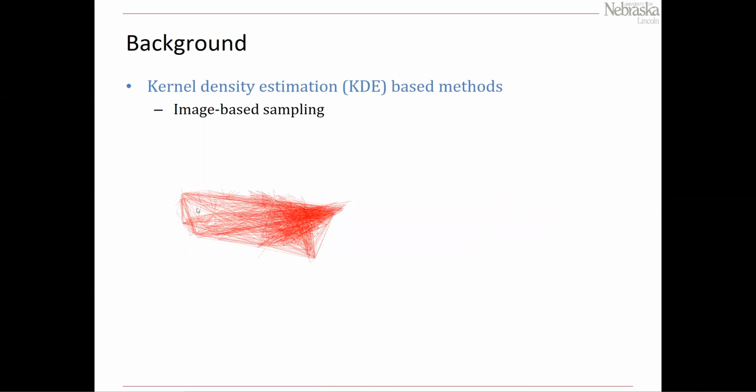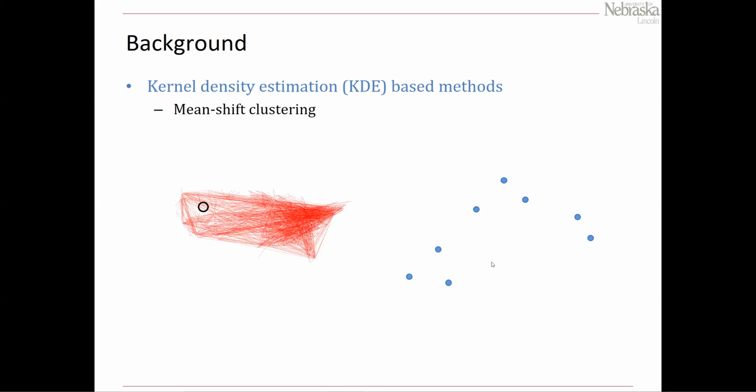Basically, we get a set of sampling points of the previous node-link diagram, and let's zoom into this small area. Assume this is a set of sampling points within this tiny area, about 8 sampling points. The basic idea of this kernel density estimation-based method is to move these points to the local optimal position.